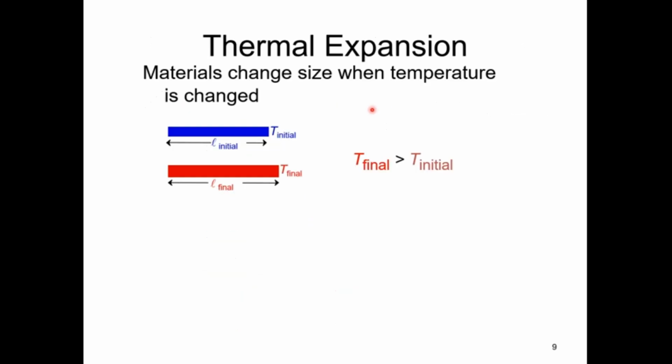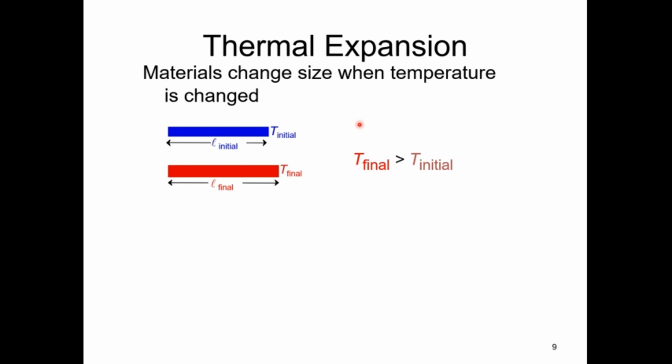Apart from heat capacity, materials also experience thermal expansion. Materials will change in size when the temperature is changed. Most solid materials expand when we heat up the material, and when we cool the material, it will contract.